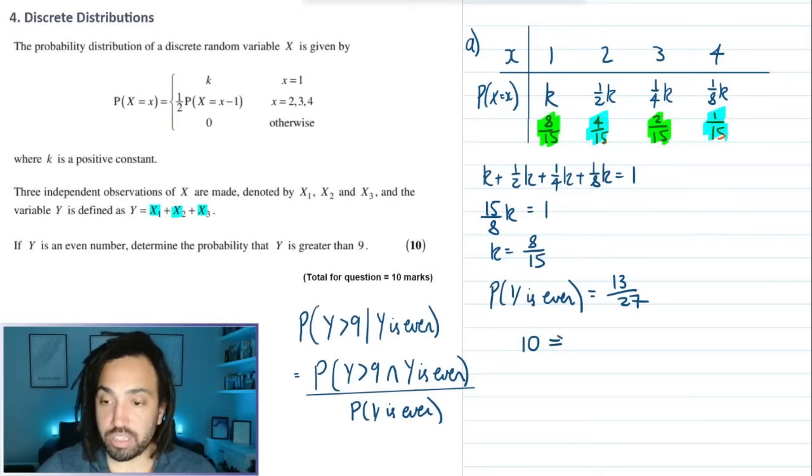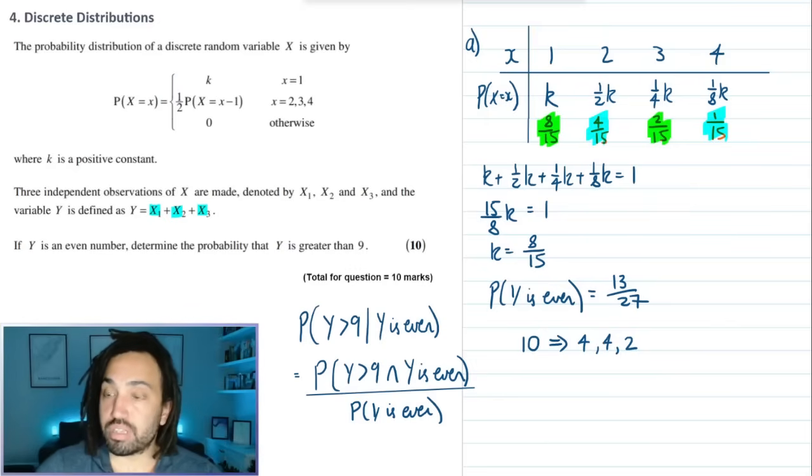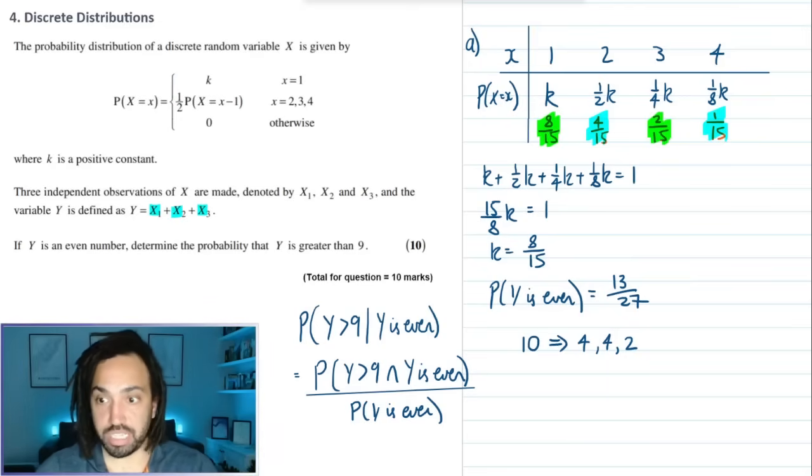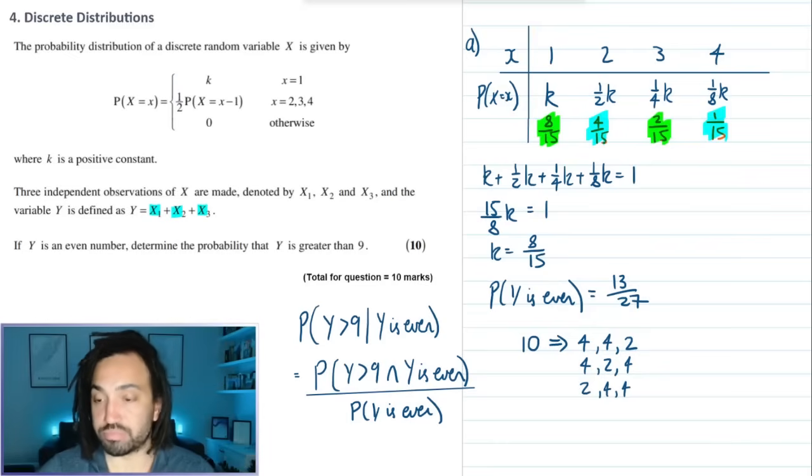Let's start with how we could hope to obtain a 10 by adding up 3 of these x values. So we could get a 4 followed by a 4 followed by a 2. Now that can happen 3 different ways, in the same way as with the odds and the evens, because it could be a 4, a 2 and a 4, or it could be a 2, a 4 and a 4.